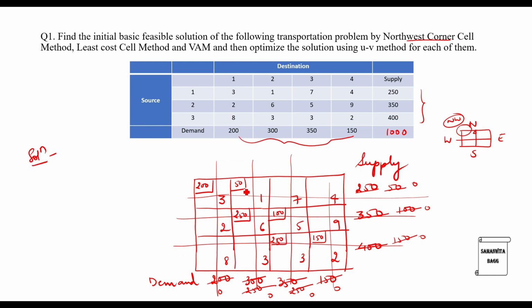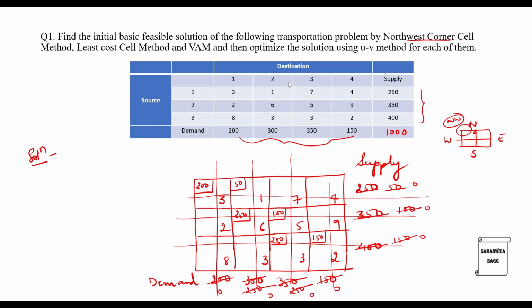So you can see I have made allocations to certain cells. So now how do we calculate the total cost? For that you will have to multiply this allocated value into the cell value. So it is 200 into 3 plus 50 into 1 plus 250 into 6 plus 100 into 5 plus 250 into 3 plus 150 into 2. So whatever allocations you have made, you will have to multiply and add each of them.